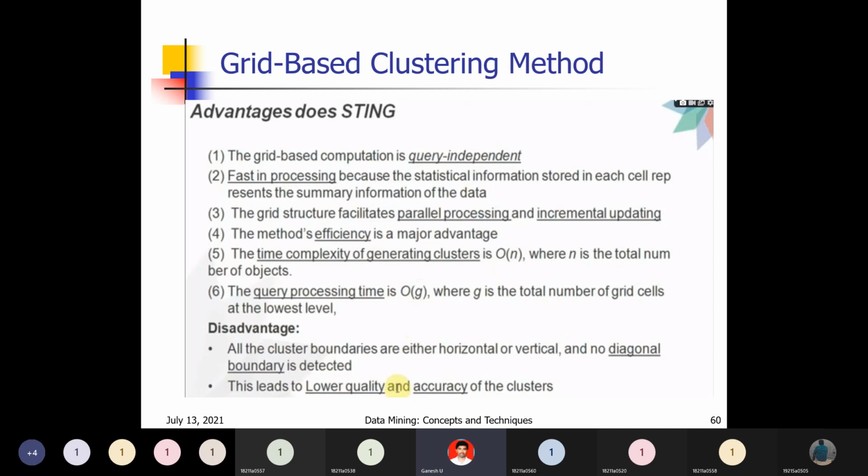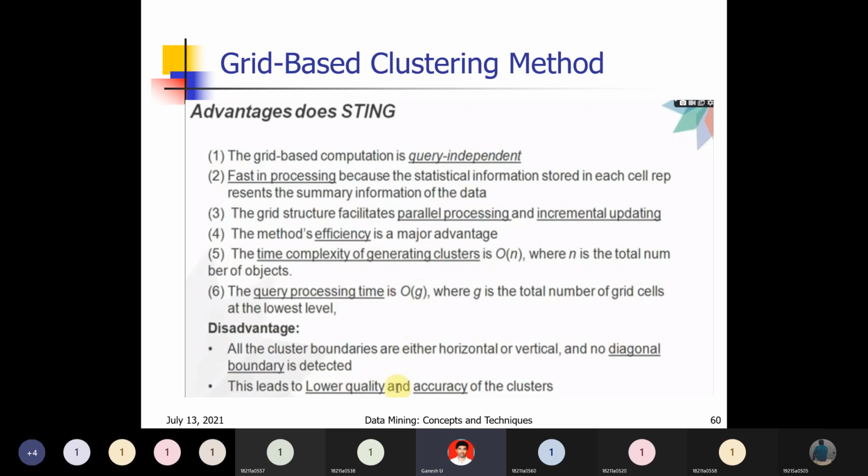From higher level to lower level, the grid count is increasing. You are dividing the data into a number of grids, and the number of cells is increasing. That's why it is called incremental updating.